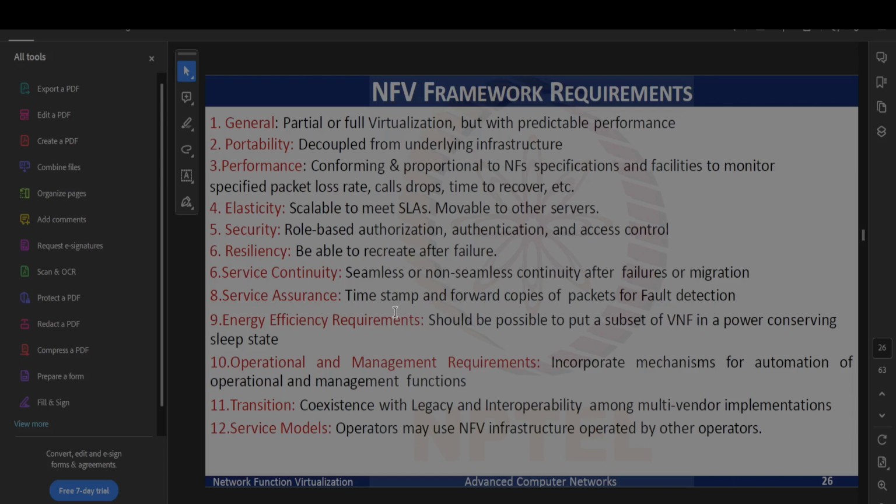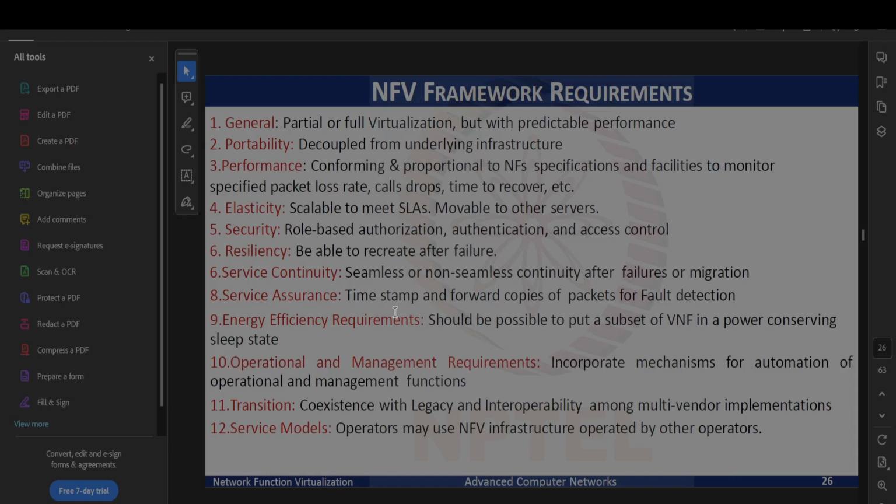When somebody comes up with a network function, a virtualized network function, the requirements are that it must be general, it has to be portable, it must be performant, and it should be secure enough, etc. The energy efficiency requirements are there, and there are certain service assurances.